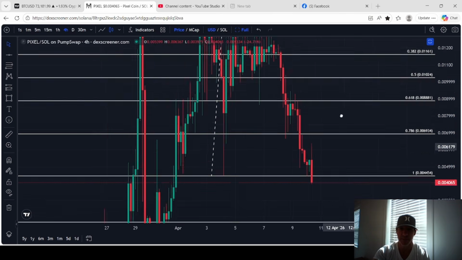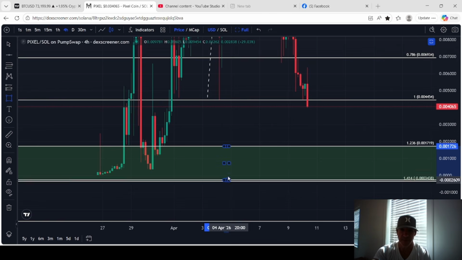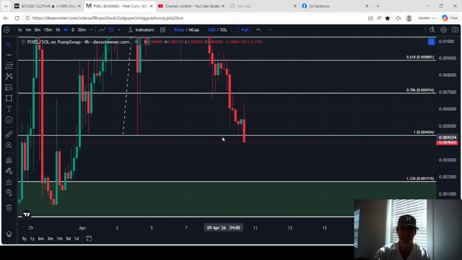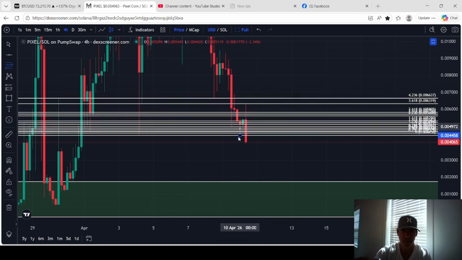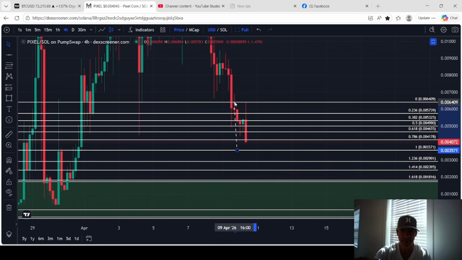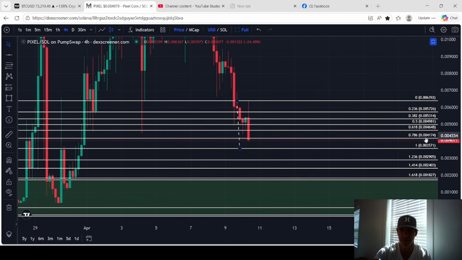So I want to put this box down here, and then we're also going to put this box right in here. But then also you can go from the high of this bounce to that low. High, right here. So we bounced up here. That's as high as we got today so far.